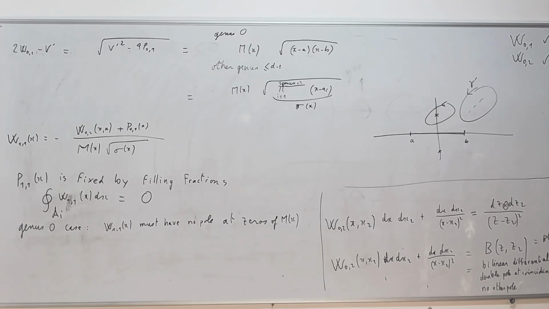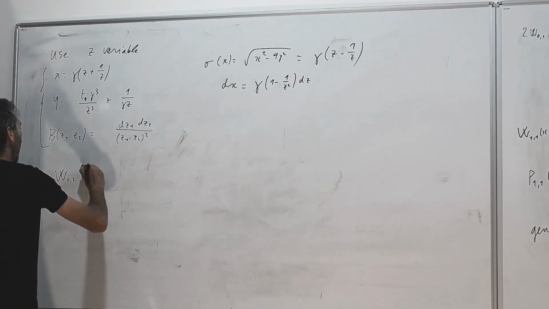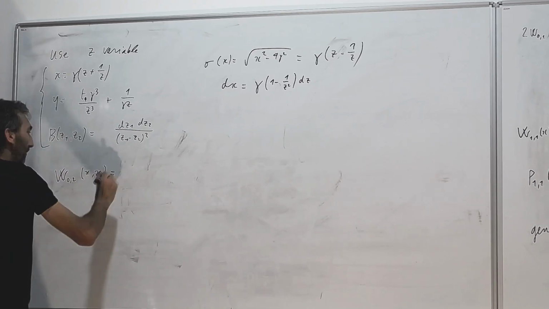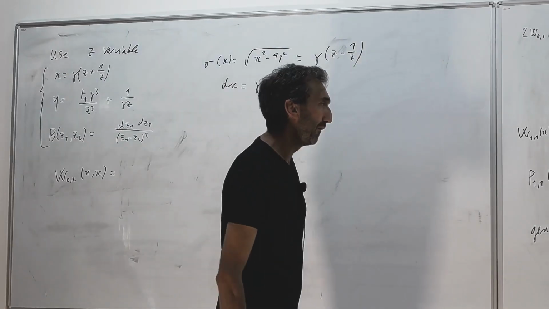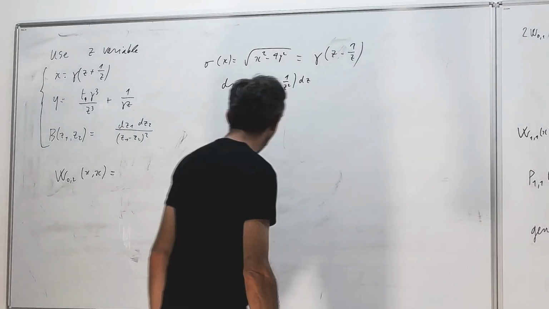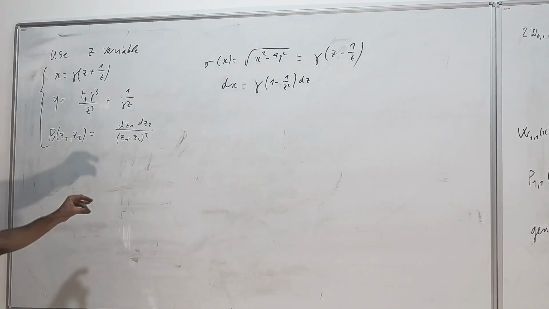Taking the Schwarz derivative. But so when you compute W02 of x on x, it turns out, if you use this formula here, it turns out that, well, no, okay. Let me show you a kind of miracle.